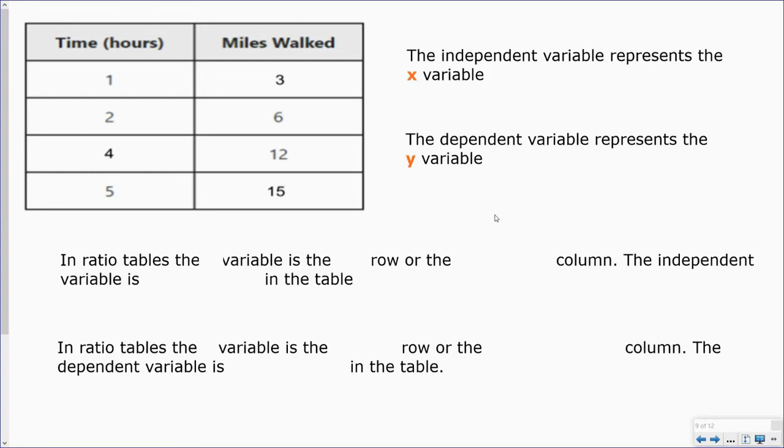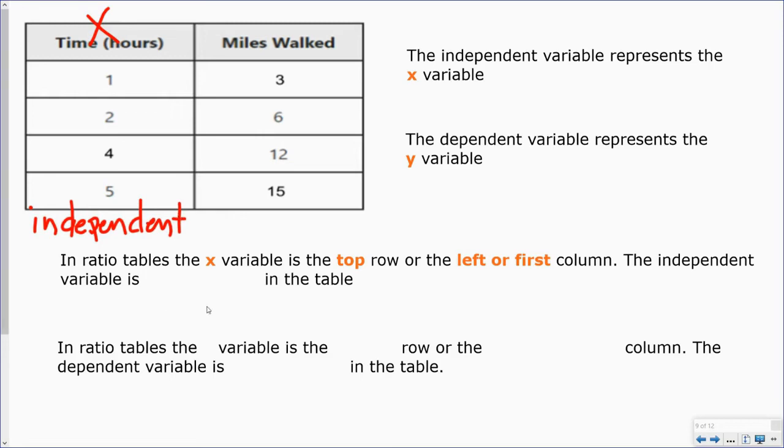In ratio tables, the x variable is the top row or the left or first column. So in this case, this is our x variable, or this one would be our independent variable.